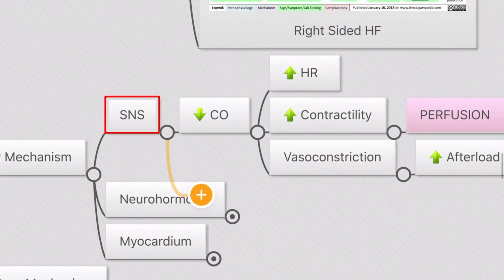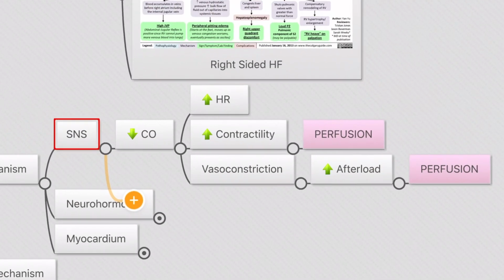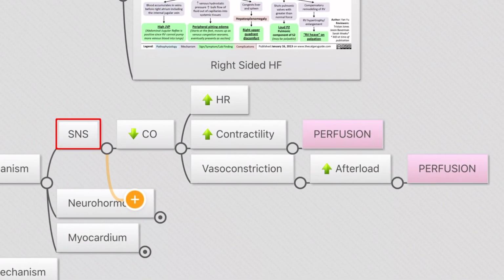When the patient is having heart failure, there's a decrease in cardiac output, so the heart is going to increase its heart rate to compensate. The heart also increases contractility, so you think about perfusion, and the blood vessels are going to constrict. That will further increase afterload, and that might impair perfusion.